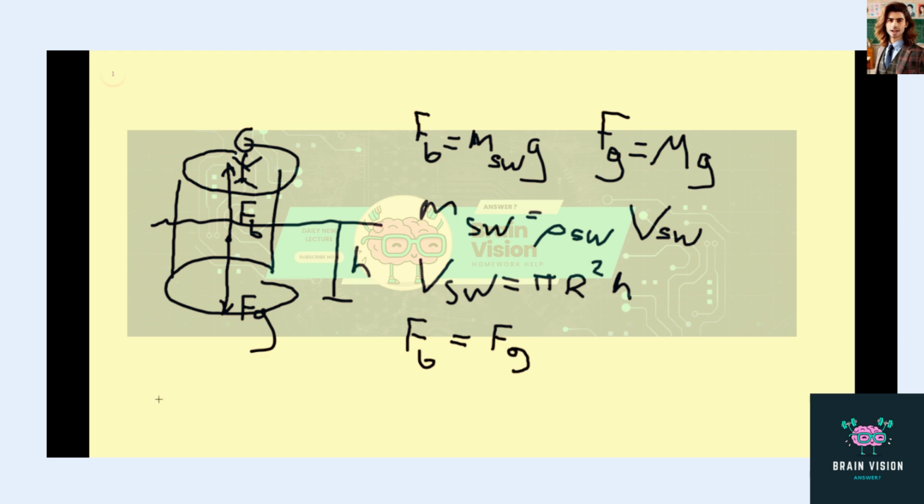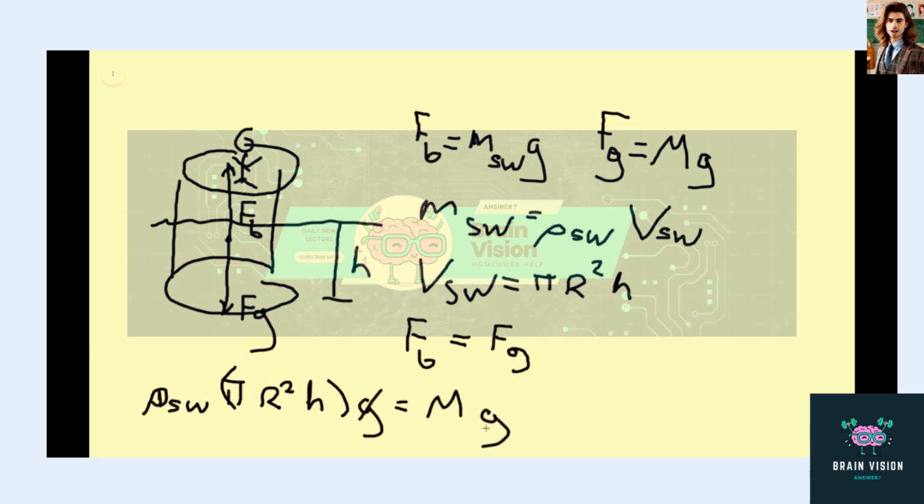that we have rho sub seawater, the density of seawater, times pi r squared h, which is the volume of seawater displaced, times g, is equal to capital M g.